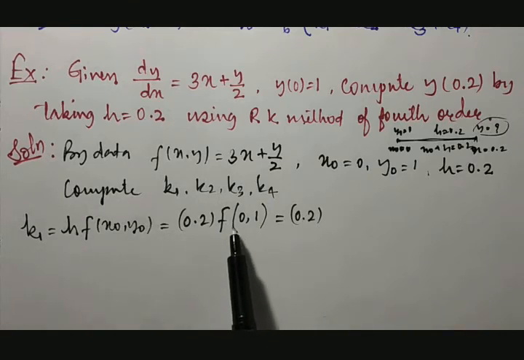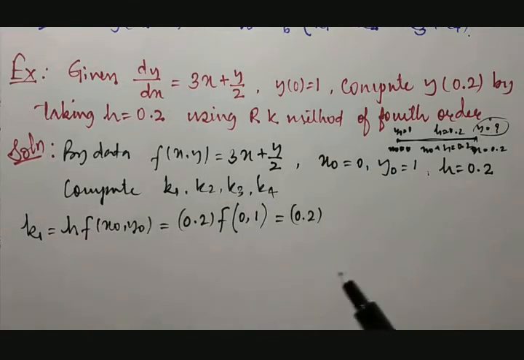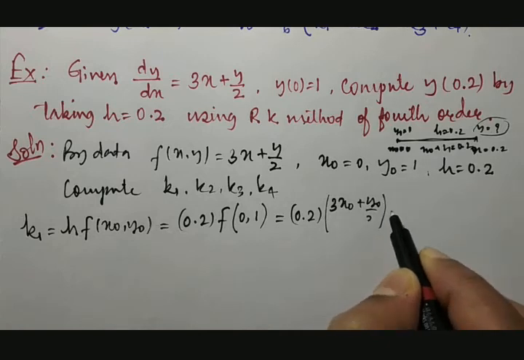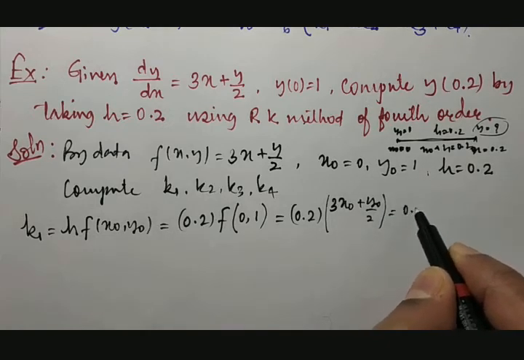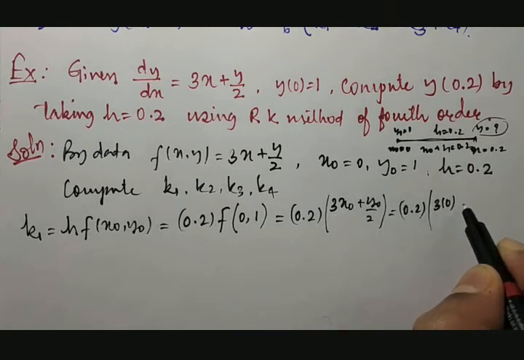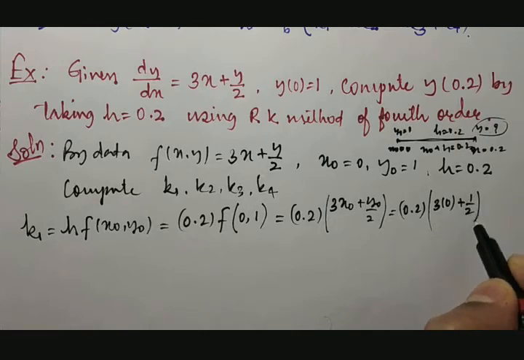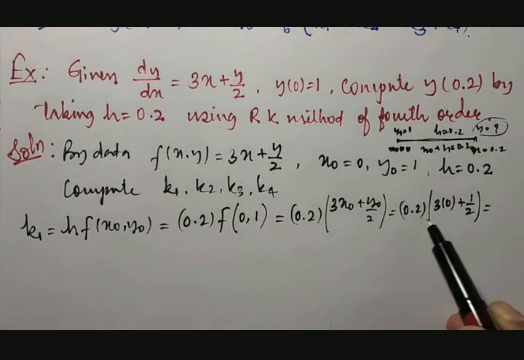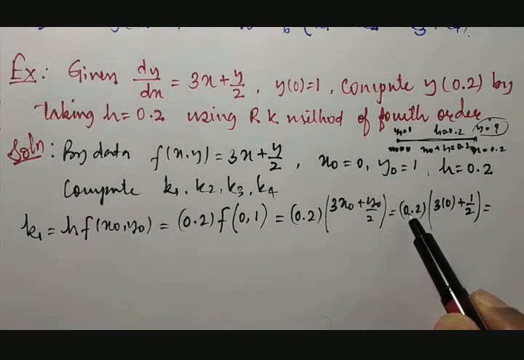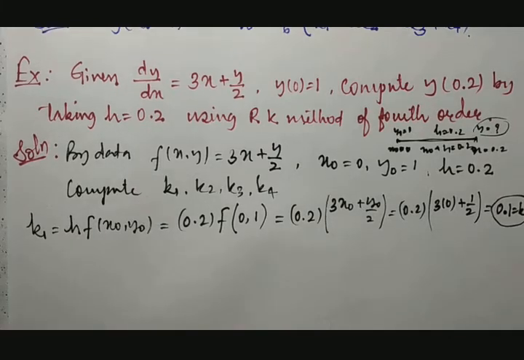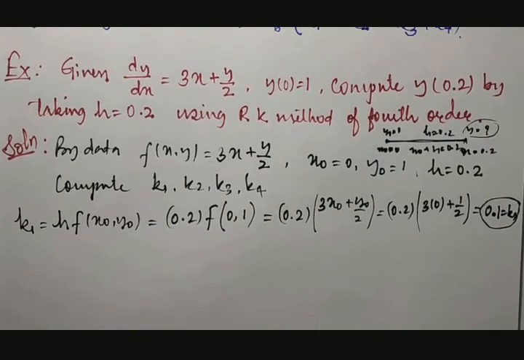That will be equal to 3x naught plus y naught by 2. So 0.2 into 3 into 0 plus 1 by 2. If we calculate this, it is 0.2 times half, which is 0.1. So this is the value of K1.